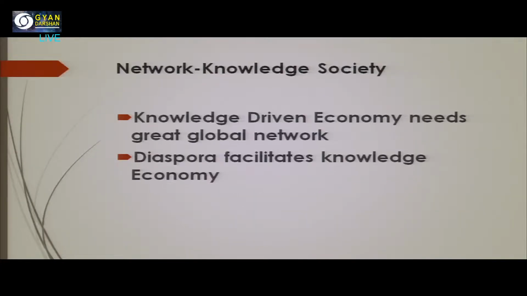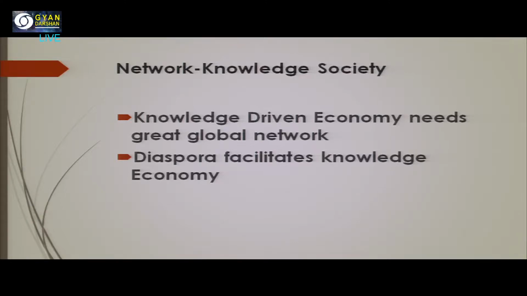Over time this creates a network, because whenever human beings migrate to another country, they don't just migrate like machines. They carry memory, knowledge, and their own culture, everything. That creates a bonding, and that facilitates other kinds of association and network.